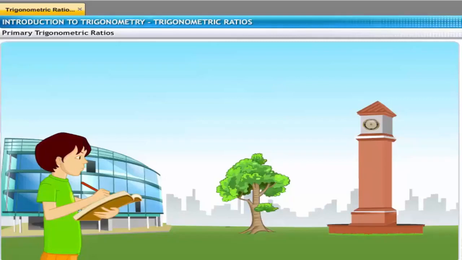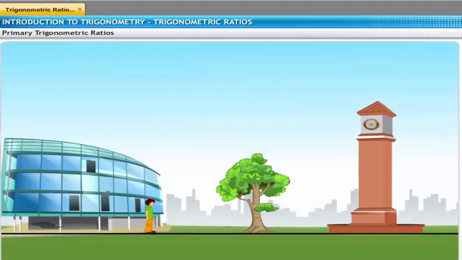Now, let's come back to Jack. We'll move Jack to a position such that a line can be drawn joining the top of the clock tower and Jack's head. Oh, looks like the top of the tree also falls on the same line.